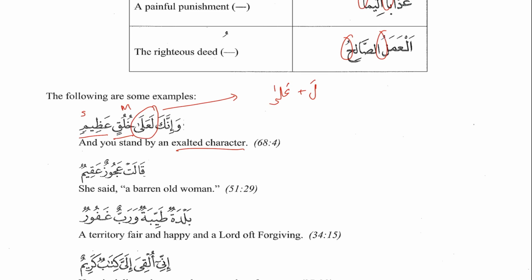This is not the harf jar lam, where li becomes la when we attach it to any pronoun. So don't confuse it with that. This is the lam of emphasis, and here we have ala, which is a harf jar.